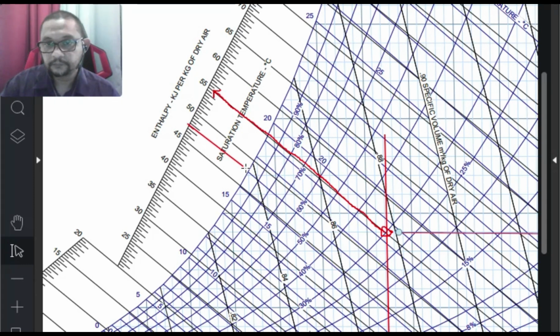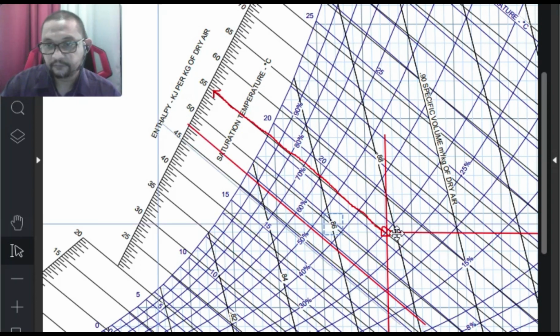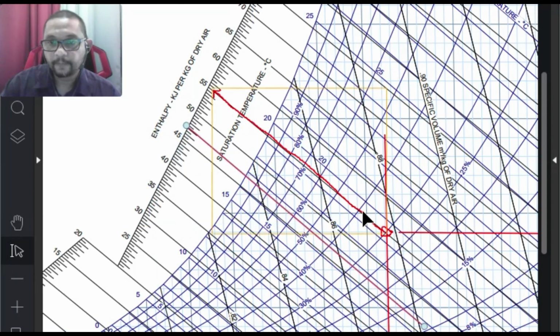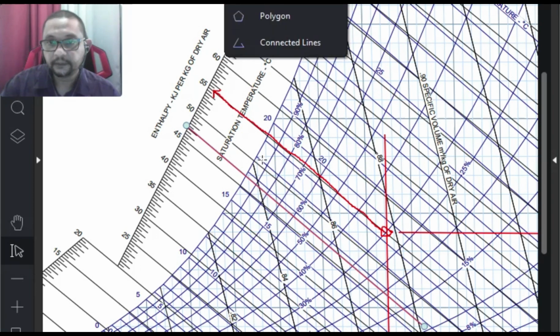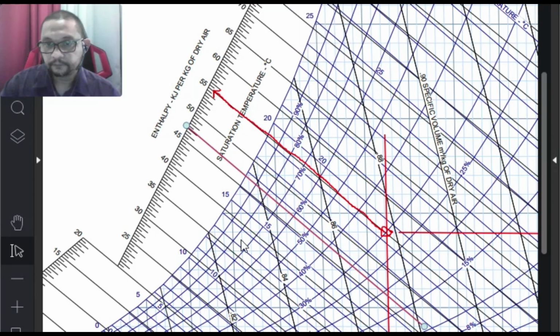You move along this straight line, and then also the straight line that comes from omega.